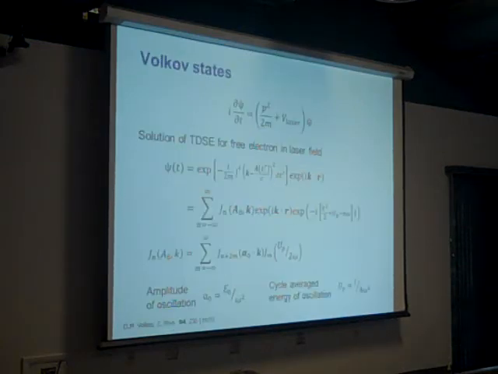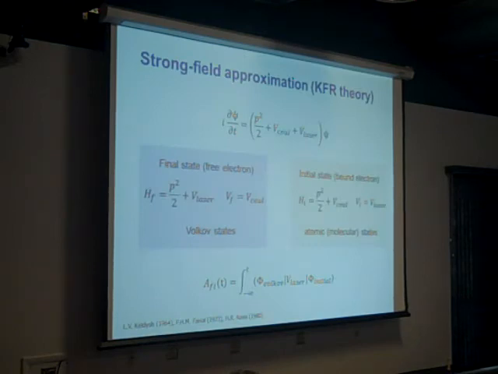Well, you can develop a theory from this, the so-called strong field approximation, or the Keldysh-Faisal-Reiss theory. Nowadays, if you look into the literature, most people are talking about strong field approximation. This just tells you it has been developed over several years by Keldysh, Faisal, and Reiss. So I have this kind of problem which I would like to treat, and I would like to use these two partial solutions that I have.